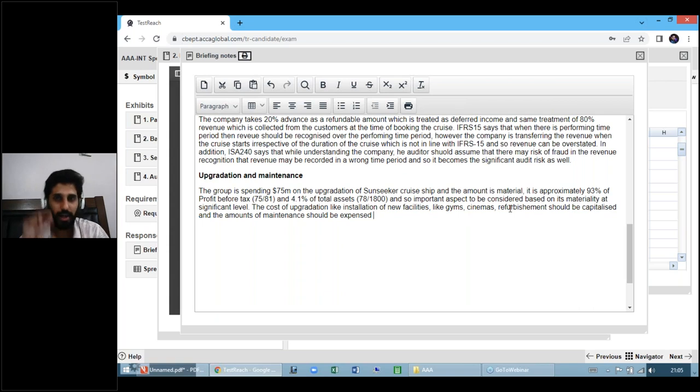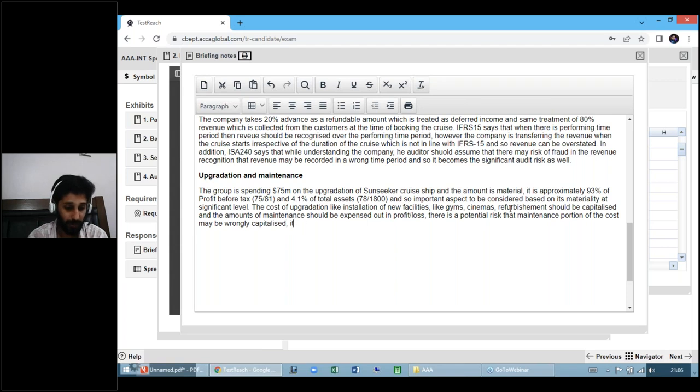And remember my dialogue, if you are able to think the correct accounting treatment from your mind, the risk will come out from your heart. You should reverse it. Okay? So the refurbishment should be capitalized and the amounts of maintenance should be expensed out in profit and loss. There is a potential risk that the maintenance portion of the cost may be wrongly capitalized.